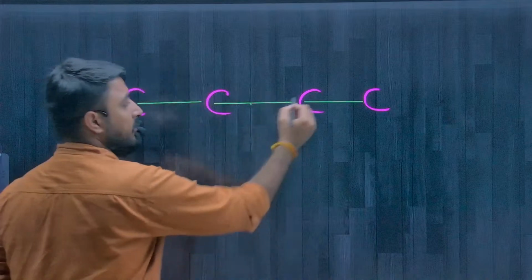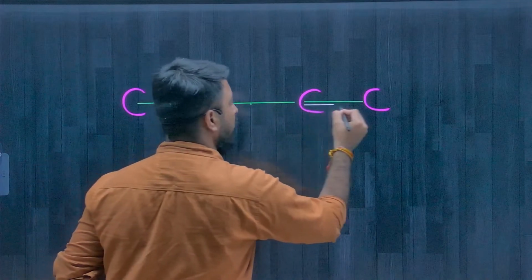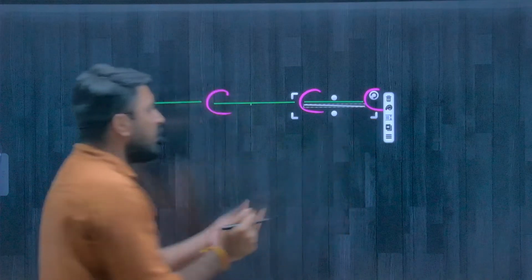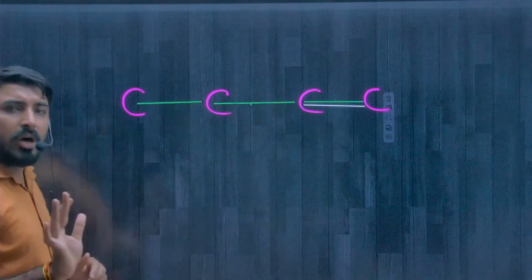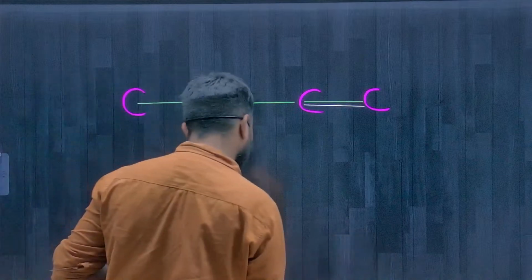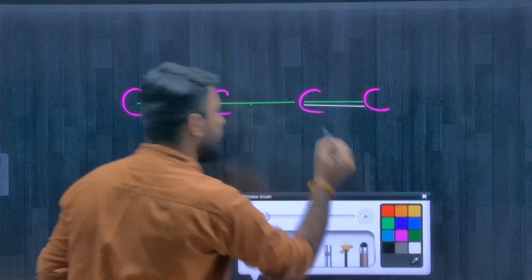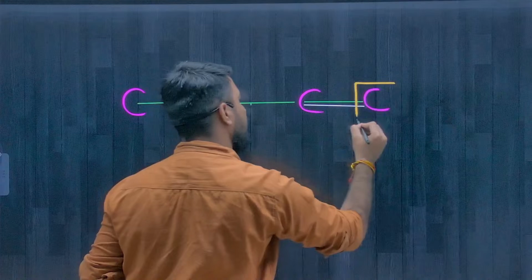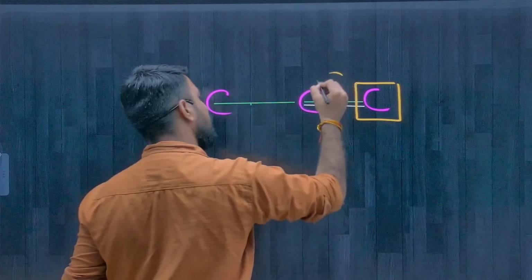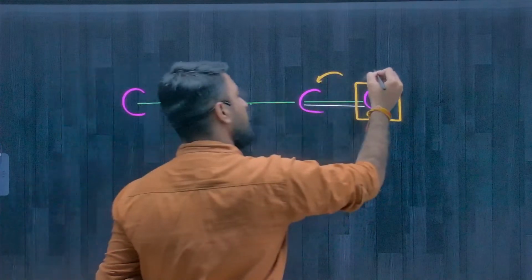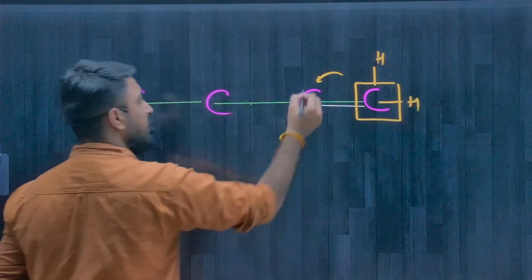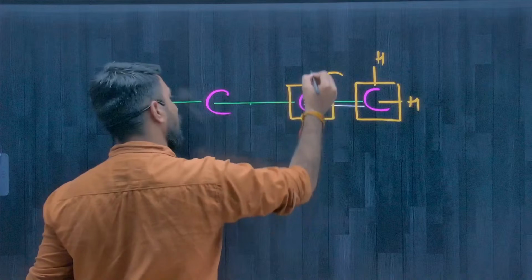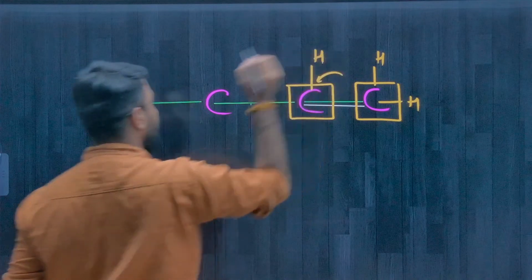So the first bond is formed and the second bond is formed between two carbons. So this carbon makes two bonds with this carbon, so two valencies are filled with hydrogens. Again this carbon makes three bonds, so only one valency is remaining, filled with hydrogen.